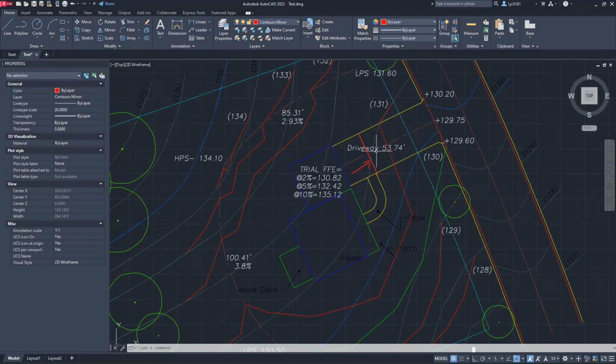I was using the whole driveway. Okay. So in that case, your trial FFE for the garage needs to change, and using 2 or 5 most likely will give you an elevation too low. So you can test 10% directly, or you can pick an 8% or something.